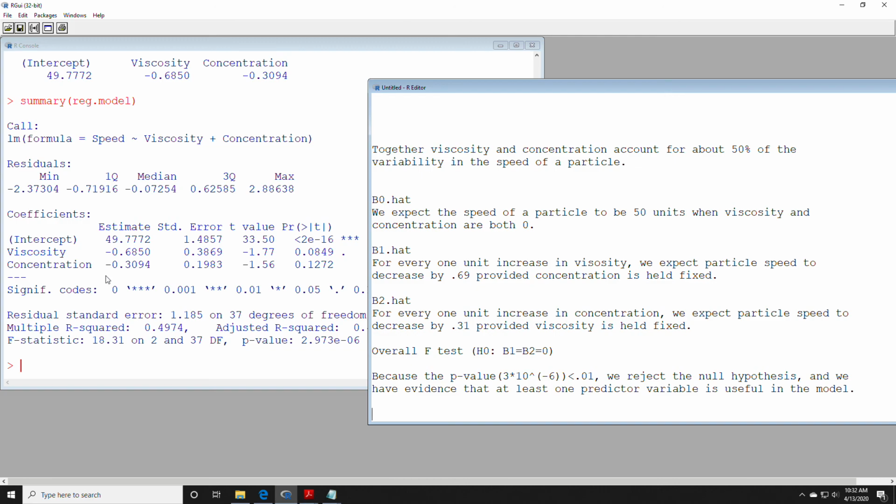But if interpretability is what you're after, you'd probably be better suited including a single one of these variables and kicking the other one out. This p-value is a little smaller, and it seems a little more interpretable too. If we kicked concentration out, then we'd have viscosity as x and speed as y, and we're down to a simple linear regression model.